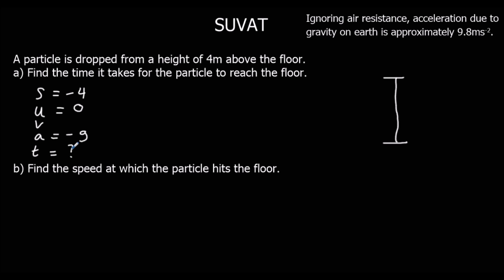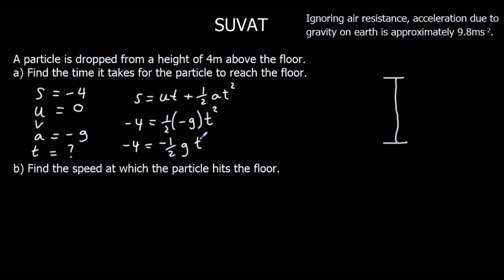So the equation without v in it is s equals ut plus half at squared. So substituting in, we get negative 4 equals, well, 0 times t is 0, plus half negative g t squared. So negative 4 equals negative half g t squared. If we multiply both sides by negative 2, we get 8 equals gt squared.